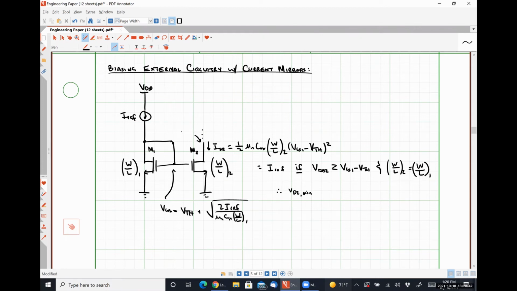VD2 here, or the voltage at the drain with respect to ground. So let's treat it as if it were a nodal voltage, not necessarily VDS in this case, although it is. But what's the minimum voltage that this VD2 can have? This guy has to stay in saturation, right? That's our constraint.